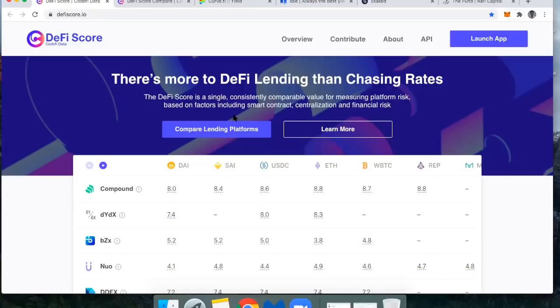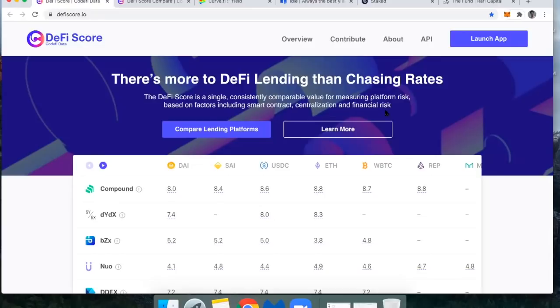I'm not a smart contract auditor, so I don't have the right to be telling anyone what is a safe or less safe platform, but I'm going to lean on the DeFi Score, which is a consistently comparable value for measuring platform risk based on factors including smart contract, centralization, and financial risk. I'm going to use this just to help me compare these platforms and decide whether or not I want exposure to one of them.